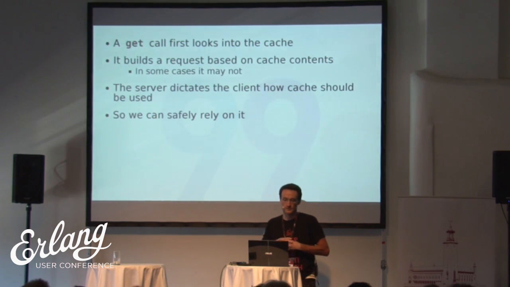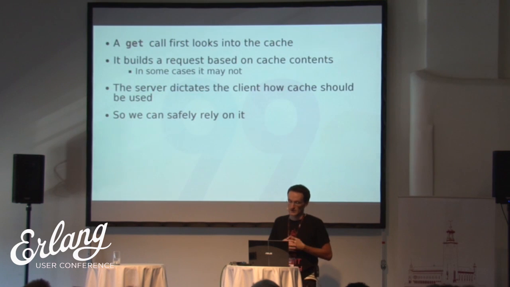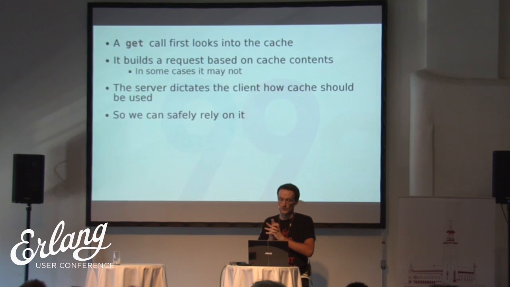And then cache would be implemented like this. We have a get call that first looks into the cache. Get or getAll would do that. And if it is in the cache and the cache is still valid, then we simply return this. There's no need to query the server. The server is the one that tells us what to cache and how to cache it.